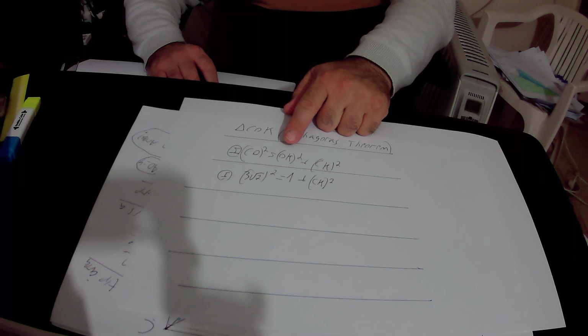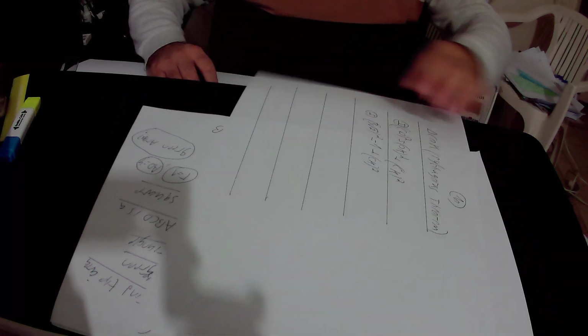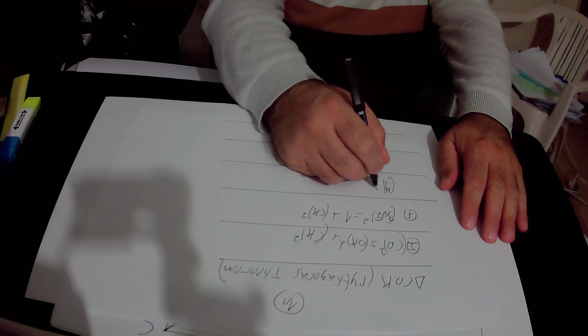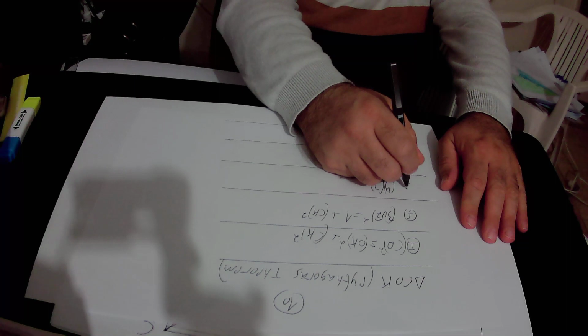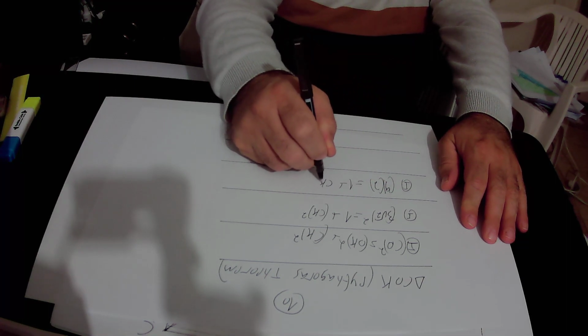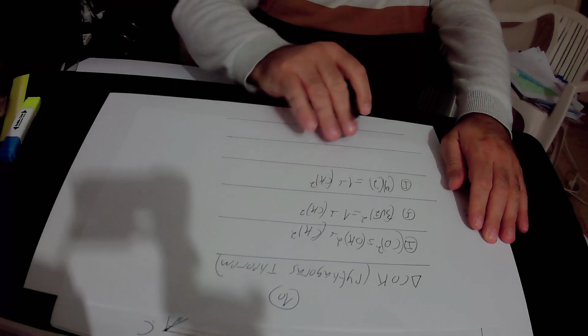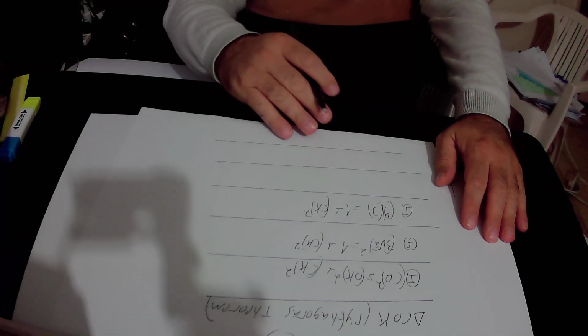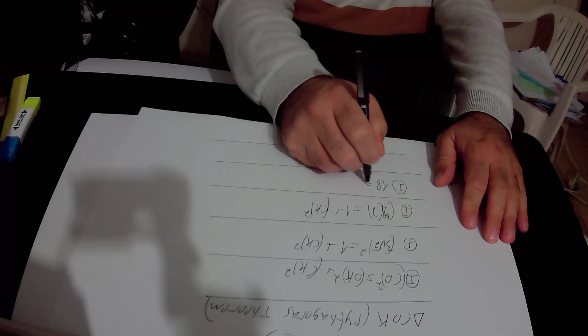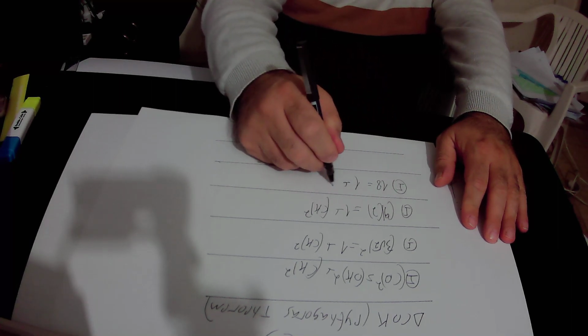3 times square root of 2 square is 9 times 2, so I'll write it down. 9 times 2 equals 1 plus CK squared. 9 times 2 is 18, so I write it down. 18 equals 1 plus CK squared.